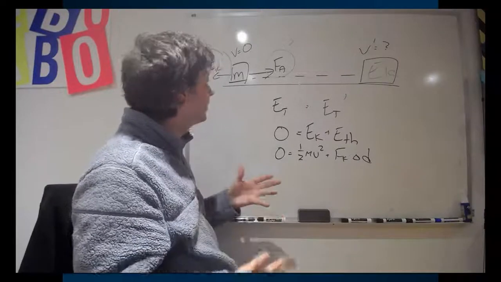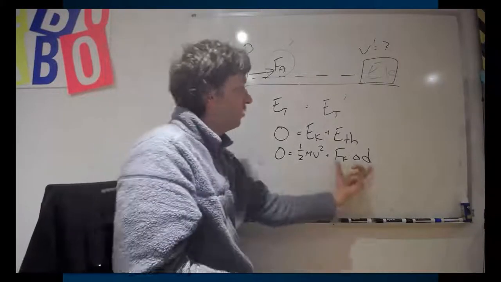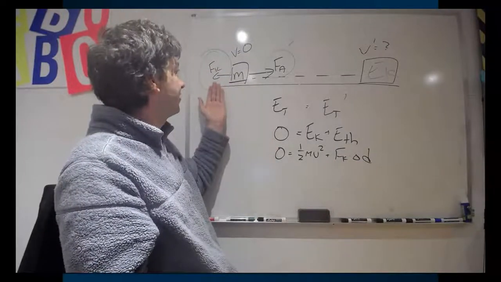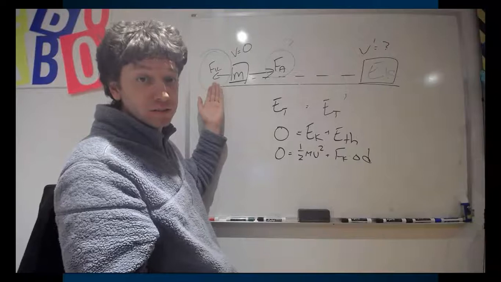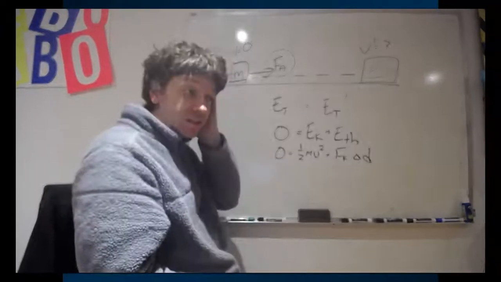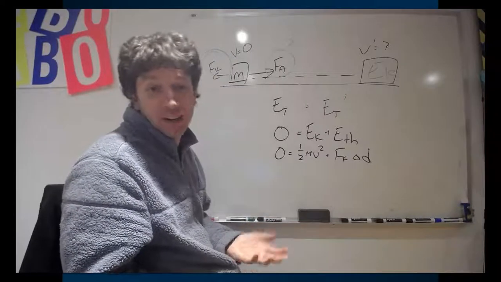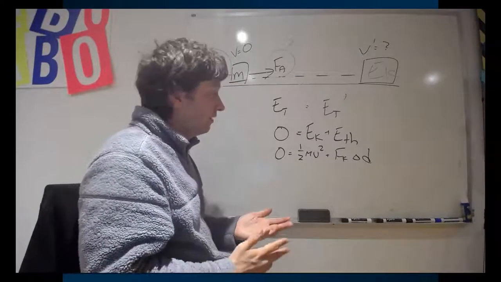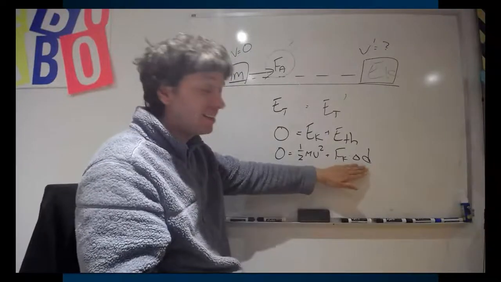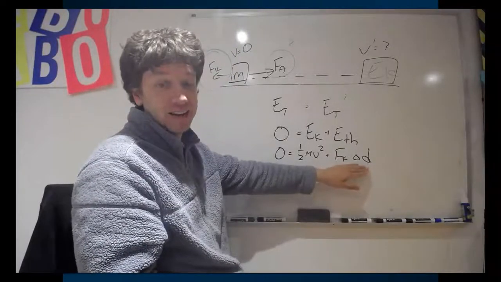Now, what we've done here is we've put thermal energy on this side of the equation, and we've ignored the fact that friction does work. Okay, that's fine, right? Because we technically haven't ignored it, because the work it does is what creates that thermal energy.